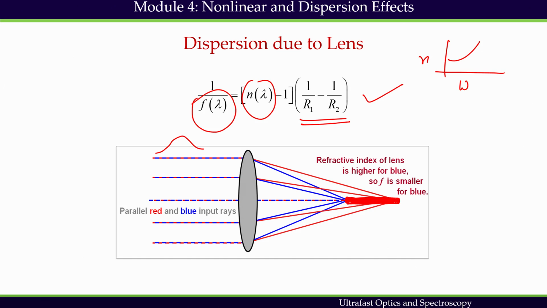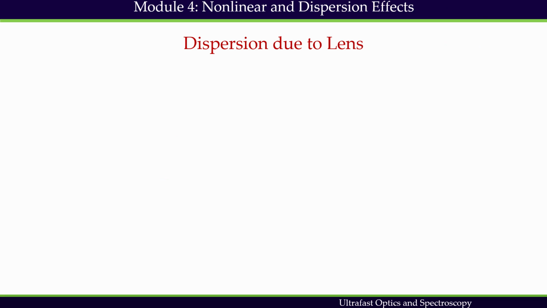So what we will do next, our task, is to find out what would be the delta f associated with it during this process. This is exactly what we are trying to find out.